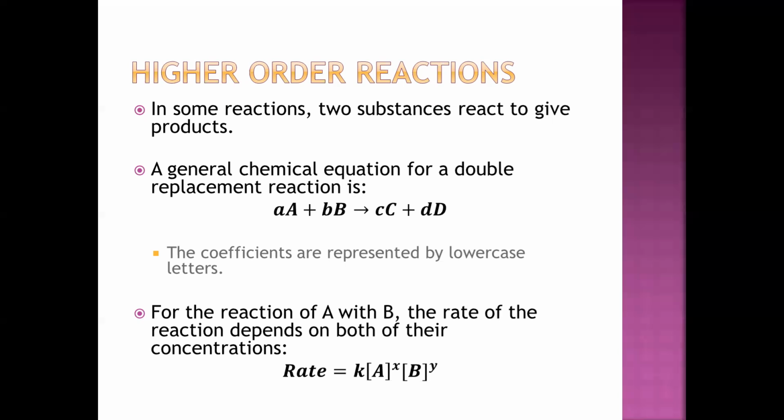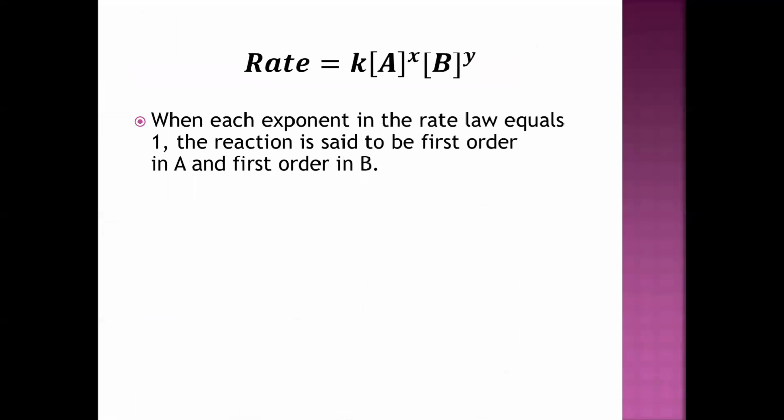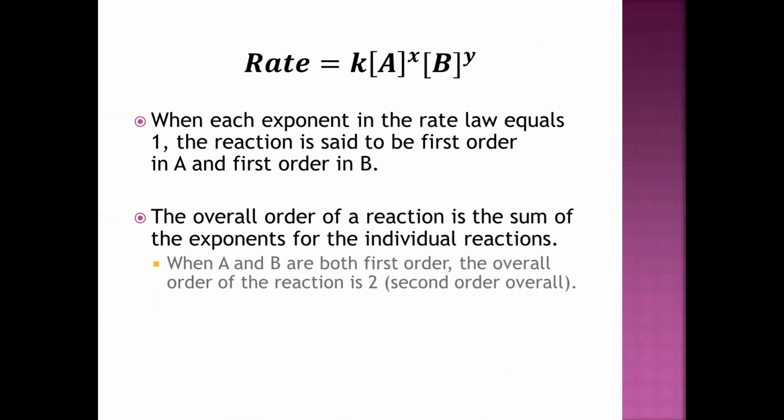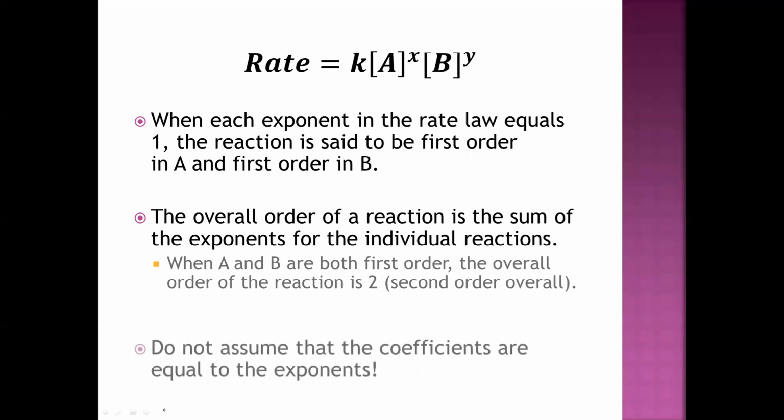Okay, so now with the rate law, if both of the exponents are 1, then the reaction is said to be first order in A and first order in B. And you can add those together to get what's called the overall rate law, or the overall order, which you just add up all of those orders, and so 1 + 1 is 2. So it would be second order overall for that reaction.